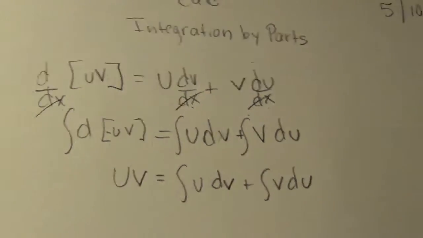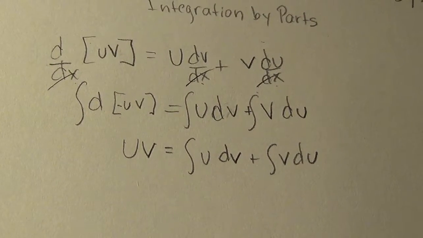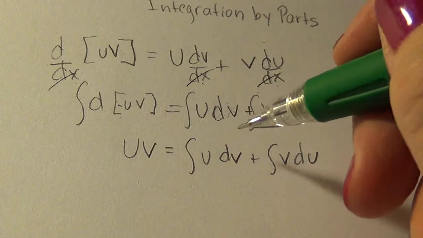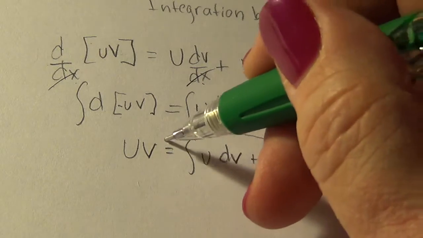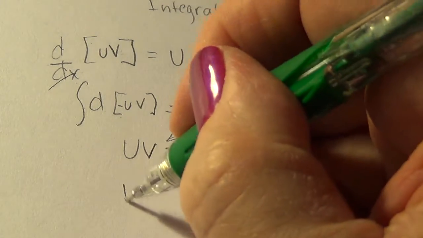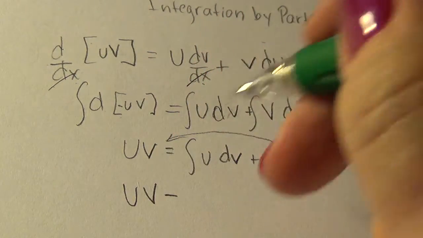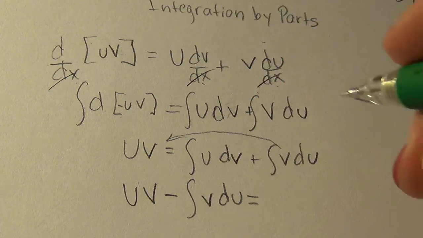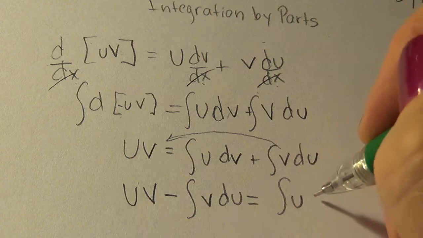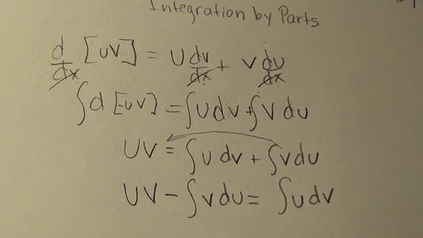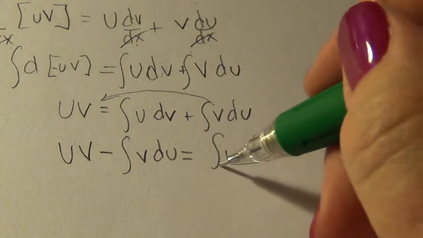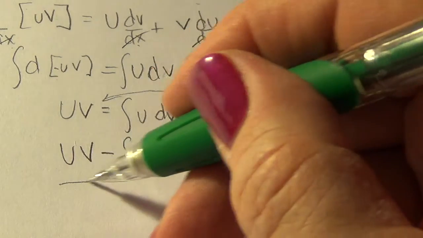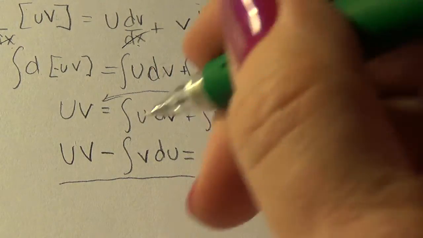Alright, I'm going to rearrange that, and move this to this side. So I have uv minus the integral of v du equals the integral of u dv. And now I'm just going to put this on the left and this expression on the right.